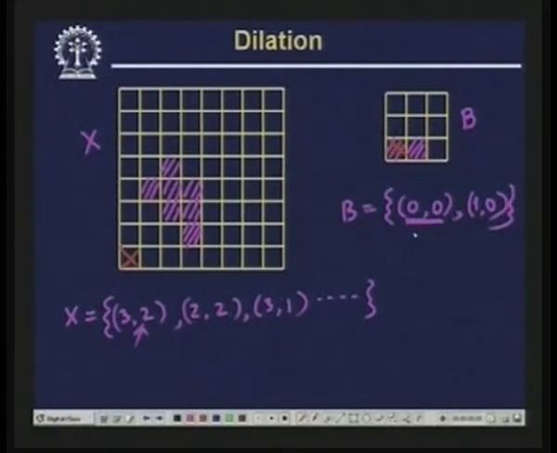So, all the points in set X are also members of set X dilation B.